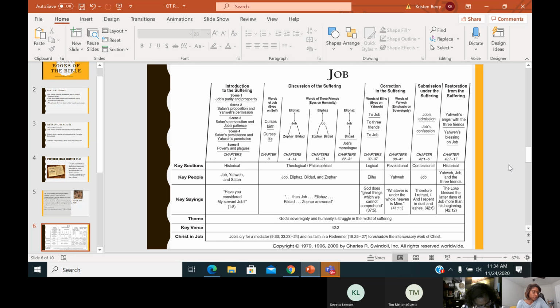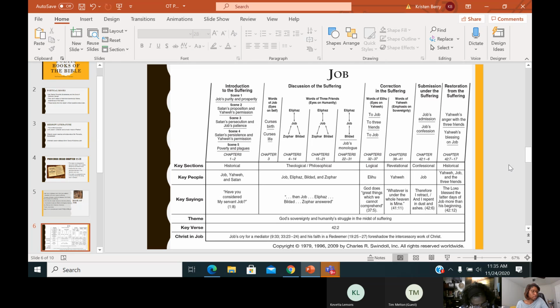One of the things I want you to see about the book of Job is we're not really sure who wrote this book, or exactly when it was written. However, in the beginning of chapter 1, it tells what it is. It says it is a prologue.